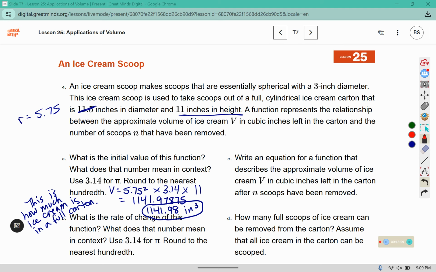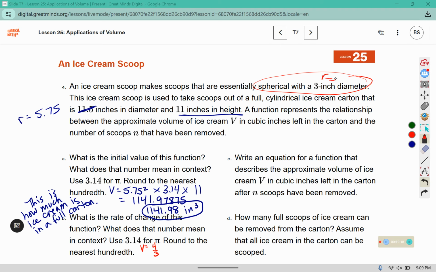B, what is the rate of change of this function? We are changing by scooping out sphere-shaped pieces or sphere-shaped scoops. So we have the volume of each scoop is 4/3.